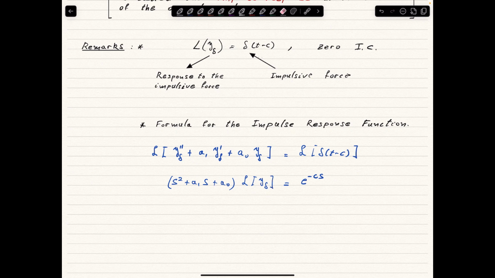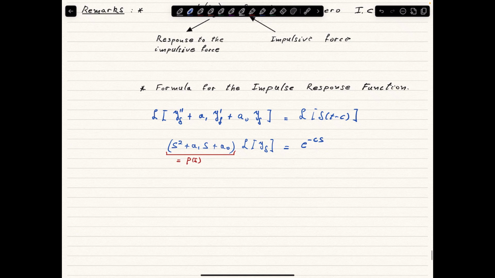Let's recall that what we have here is the characteristic polynomial of the linear operator. This is p of s. So the Laplace transform of the impulse response function has to be exponential negative cs over the characteristic polynomial of the operator. And that's it. This is the formula.